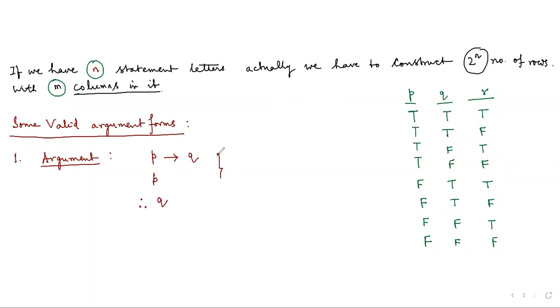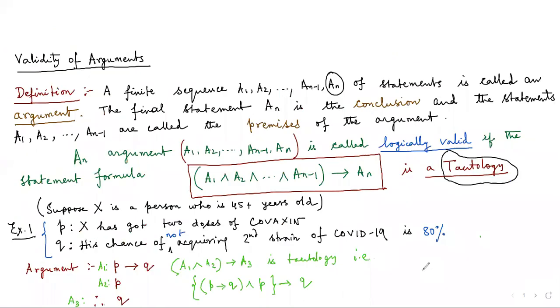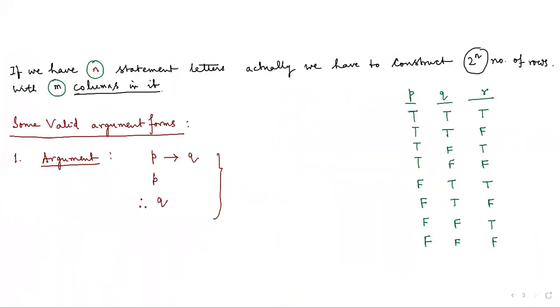And you see, we have already proved this particular formula, this argument, over here in chart 1. We have already proved that the argument P implies Q and P, therefore the conclusion Q, is a logically valid argument.